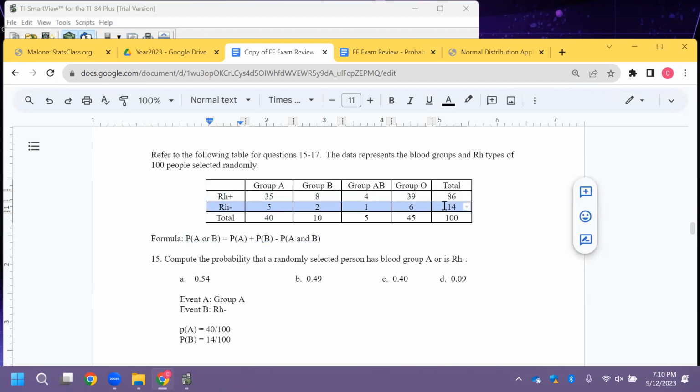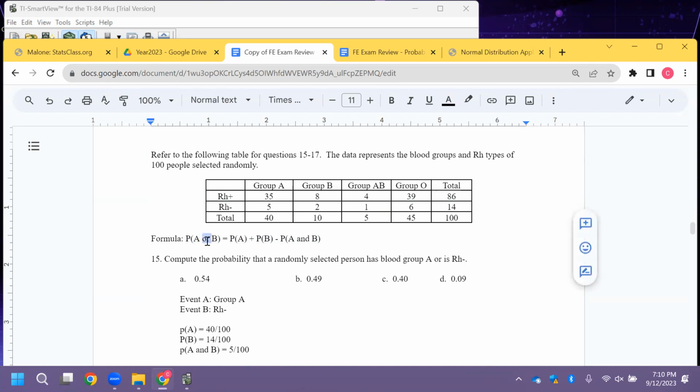I double counted those 5. So what am I taking out? The 5 out of 100. I got to subtract that back out. So the probability of A and B is that 5 out of 100. So 40 plus 14 is 54, minus 5 is 49. 49 out of 100, 0.49.